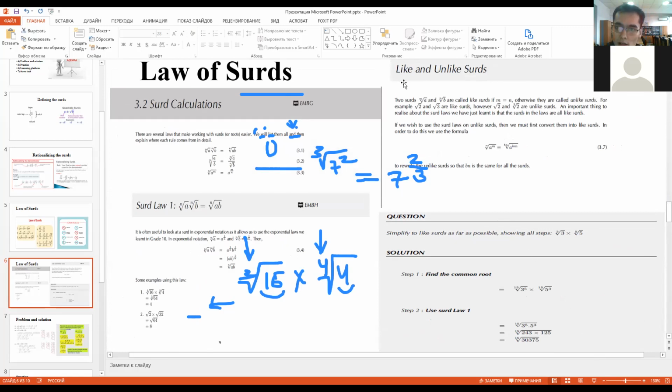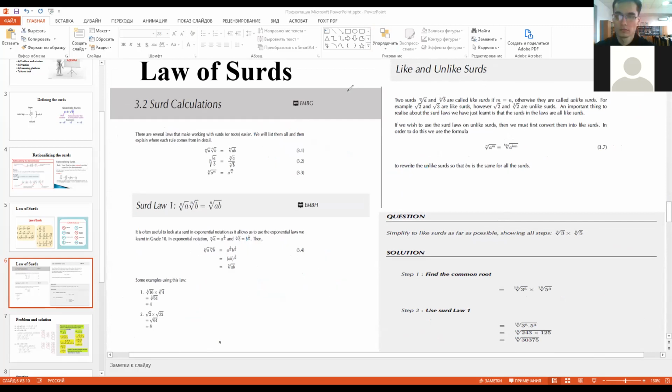And also like and unlike surds. Can you read it out loud? Two surds, m degree root a and n degree root b, are called like surds if m is the same as n. Otherwise, they are called unlike surds. For example, surd 2 and surd 3 are like surds.